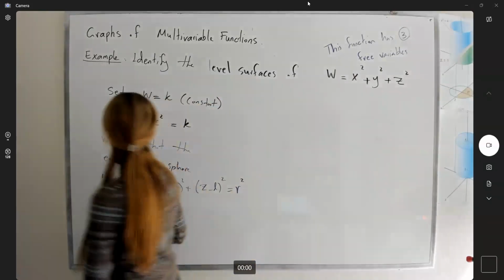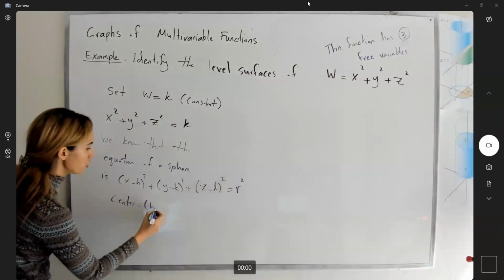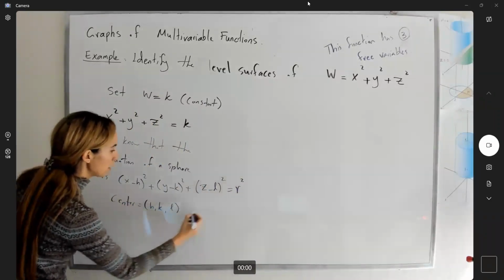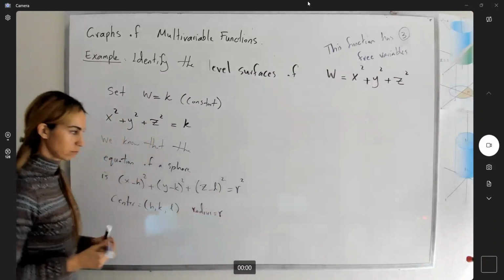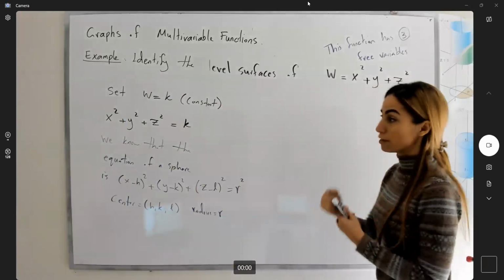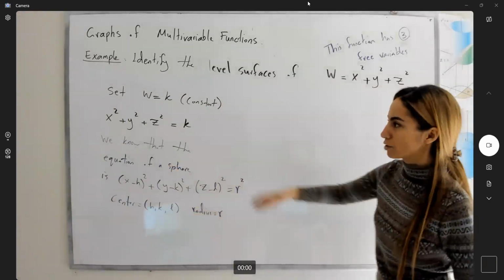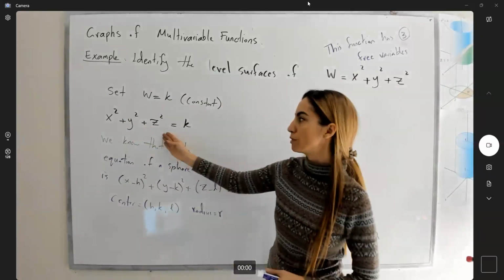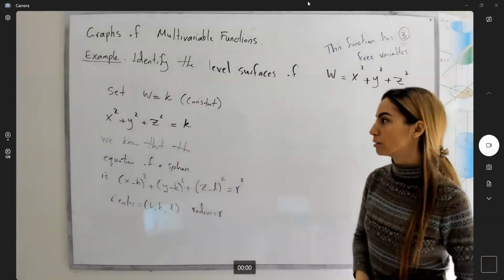Well, the center is going to be (h, k, l), and the radius is r. So from what we already learned, we try to find similarities between the equation that we got and what we learned before.